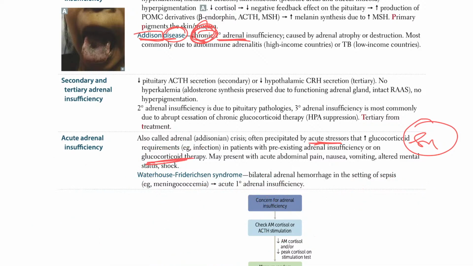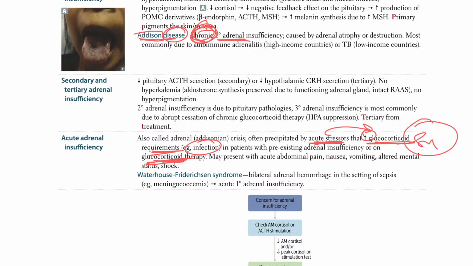Again, let's make things simple. When you are going into surgery, that is a stressor. Trauma, surgery, infection, all these are acute stressors. Normally, physiologically, your body increases glucocorticoid, which is also known as the stress hormone.